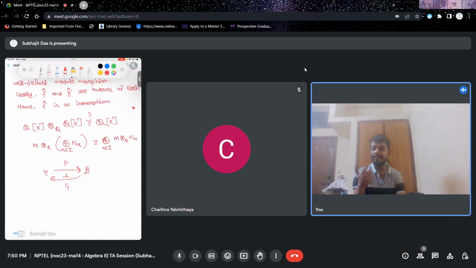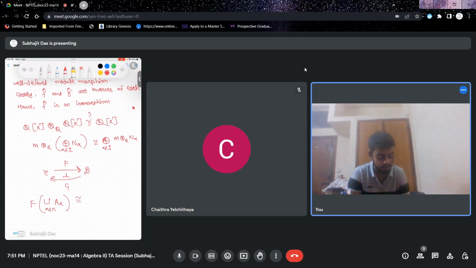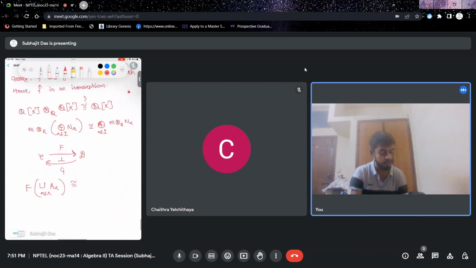Always remember that left adjoints always preserve coproducts. What I mean by this is, if you take a coproduct of objects A alpha in the category C, then F applied on this will be isomorphic to the coproduct of the F of A alphas.